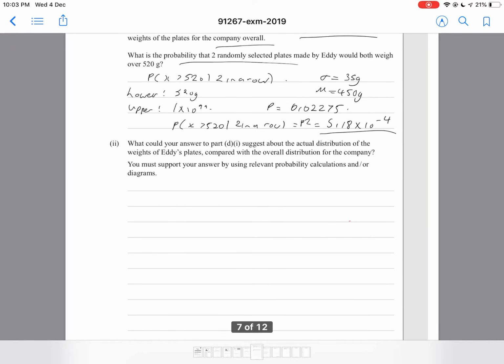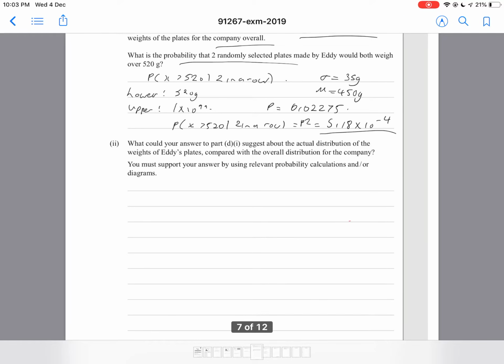So the more likely suggestion is that Eddie's normal distribution has a much higher mean. Or maybe Eddie's plates have a much higher standard deviation. A higher standard deviation means he has a much higher spread of data.